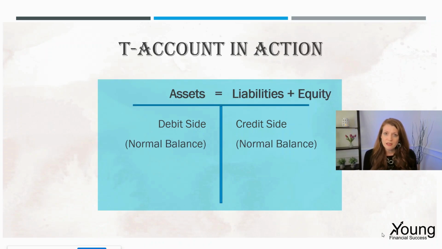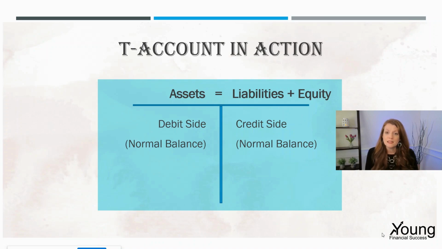You can think of it along with the accounting equation. The left side, which is the assets, has a normal debit balance, whereas the right-hand side, the liabilities plus equity, has a normal credit balance.